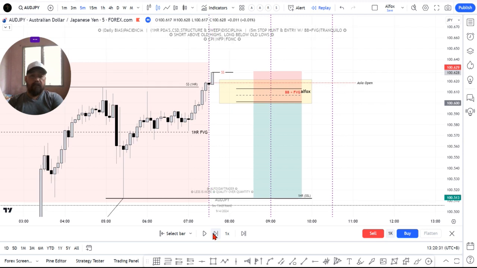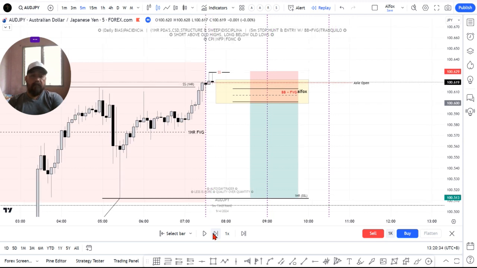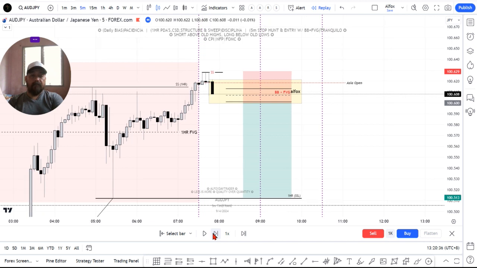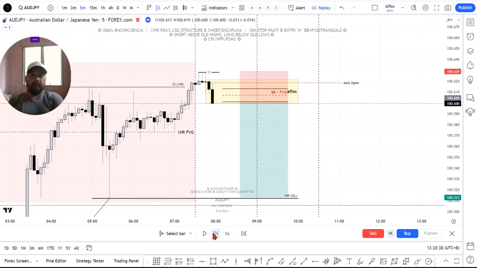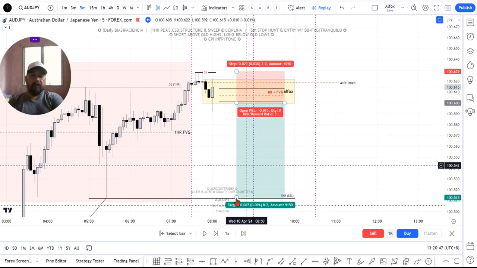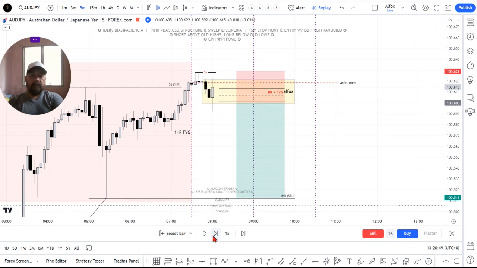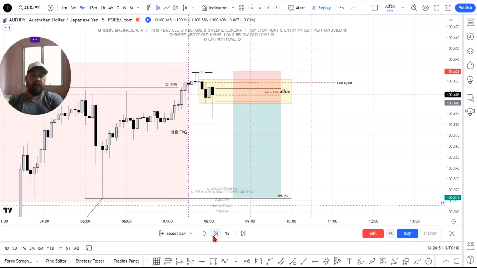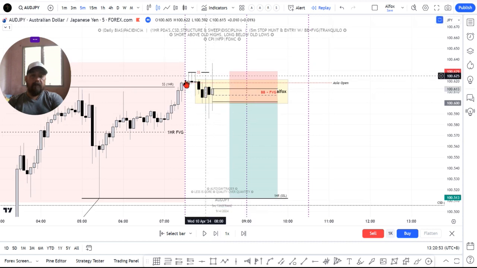So now price is playing around. Then after a while, there we have our breaker block. This is the yellow box. And then price went down, then went up there.